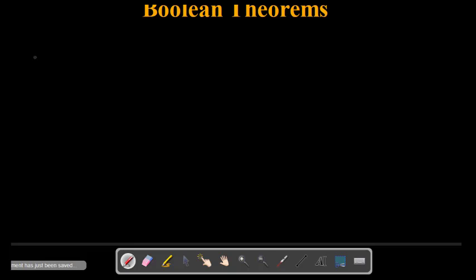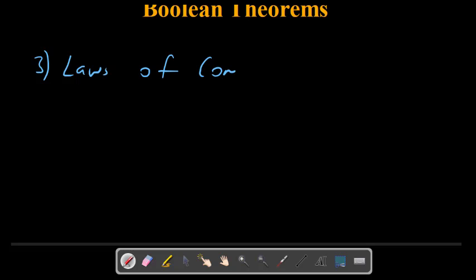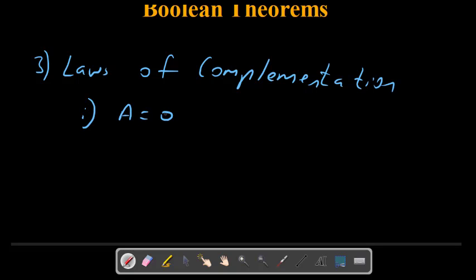Now next we see the laws of complementation. This is with respect to the NOT gate. The first one says if A is 0, then A bar is 1, and if A is 1, A bar becomes 0.